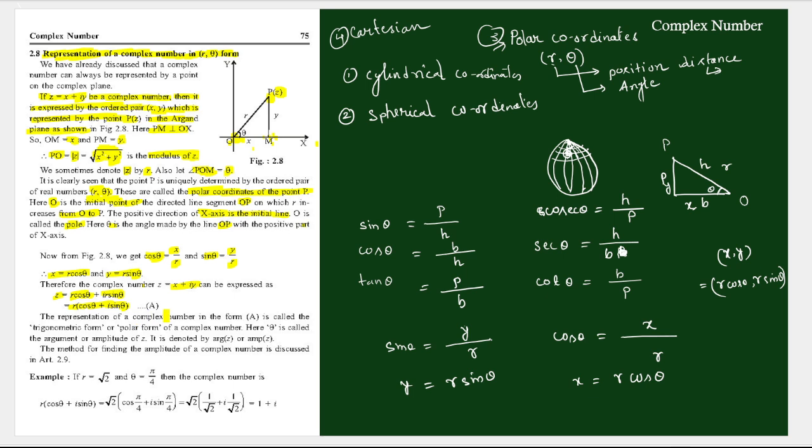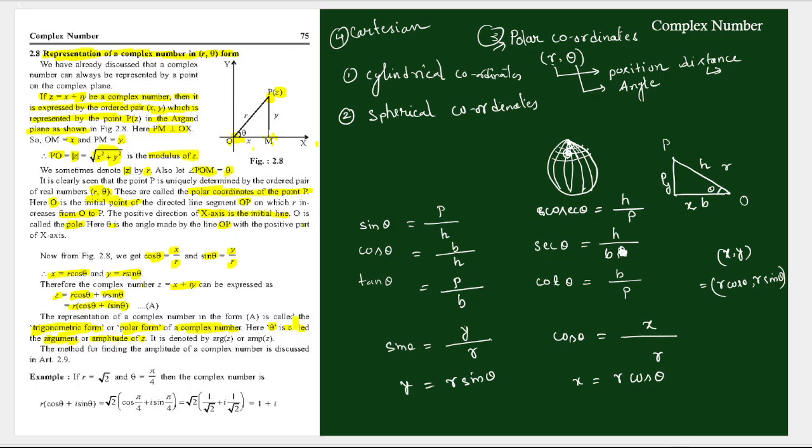Now this representation of a complex number in this form is called the trigonometric form. This is the trigonometric form or polar form of a complex number. So never confuse, it is also called trigonometric as well as polar form. So here theta is called the argument or amplitude of z.